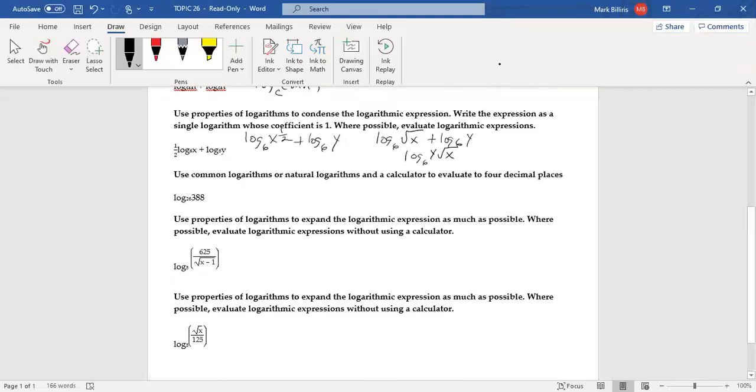Okay, I'm going to skip down to log base 5 of 625 over the square root of x minus 1. Since we're dealing with a division problem, we know we're going to use the quotient rule. So we're going to rewrite this as log base 5 of 625, and since it's a quotient, it's subtraction, log base 5 of the square root of x minus 1.